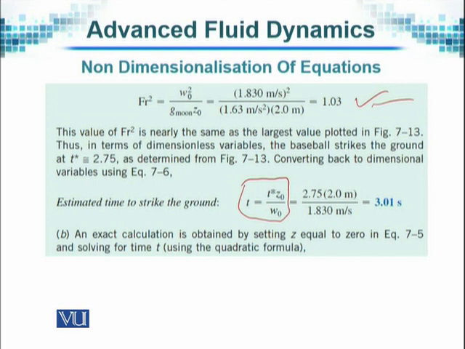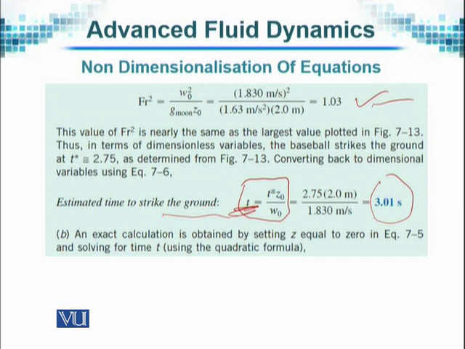Therefore, when we substitute the values, t star equal to 2.75 times Z0, which is 2 meters, divided by the value of W0 we obtained as 1.83 meters per second, this gives us the value of 3.01 seconds. Now this is the dimensional variable, the time.